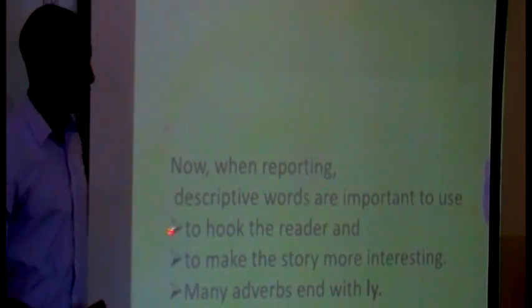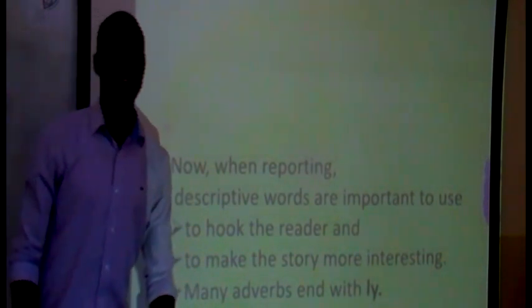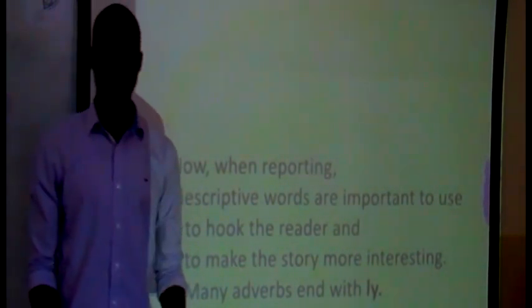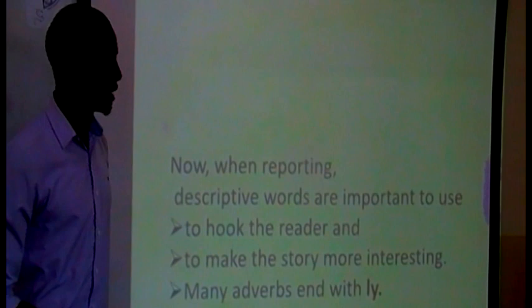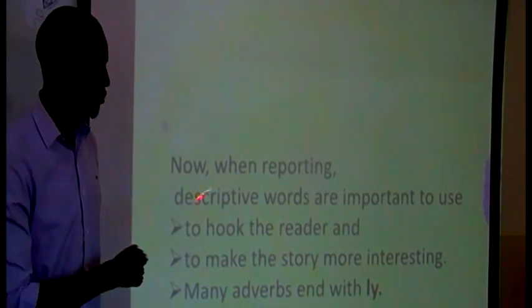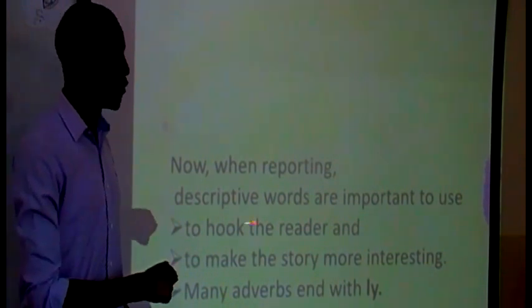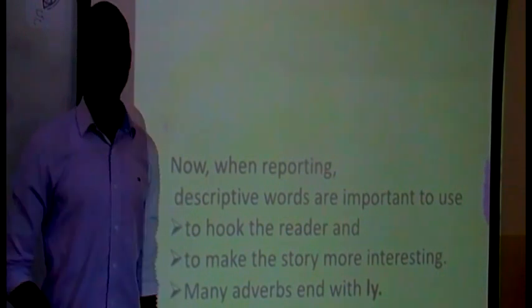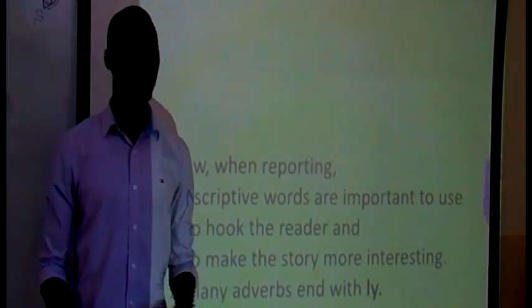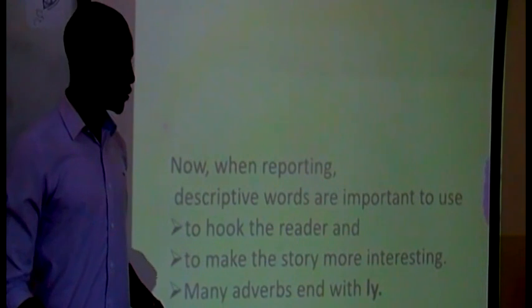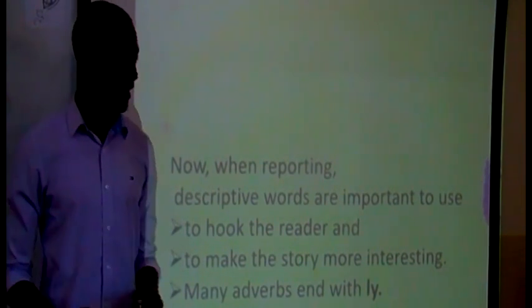Now, when you are writing a story in third person narrative, there are words that you can use, and mostly these words are called descriptive words. It is very important to use descriptive words when you're doing the third person narrative.